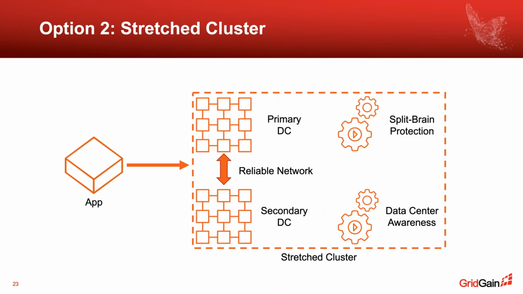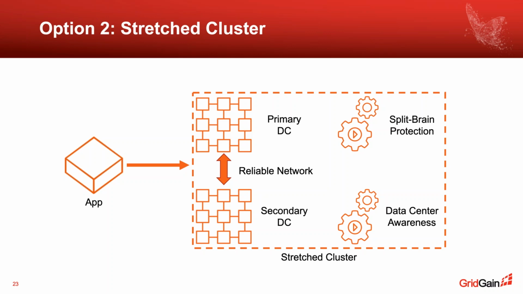Your cluster is only as fast and as stable as your network between your nodes. And if you have nodes in two data centers, well, the network between them needs to be as good as it actually gets. So this is the first requirement for this solution.